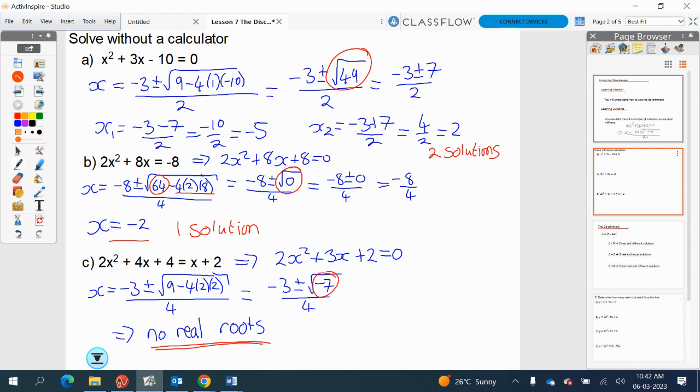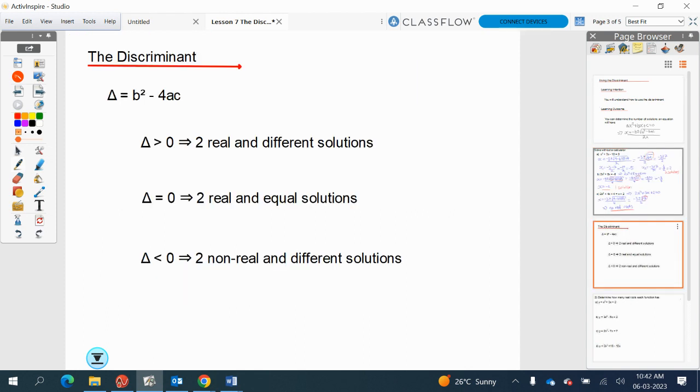So summarizing that, we can look at this part of the quadratic formula, which is inside the square root, and we call this the discriminant. So b squared minus 4ac is the discriminant. We use the Greek letter delta as a shorthand for that. If the discriminant is positive, this implies we have two real and different solutions, or two roots.